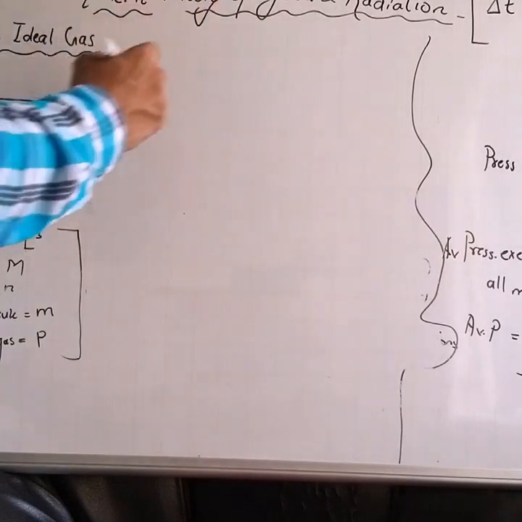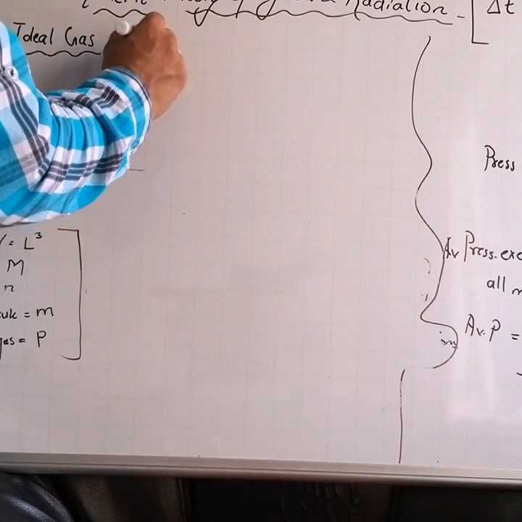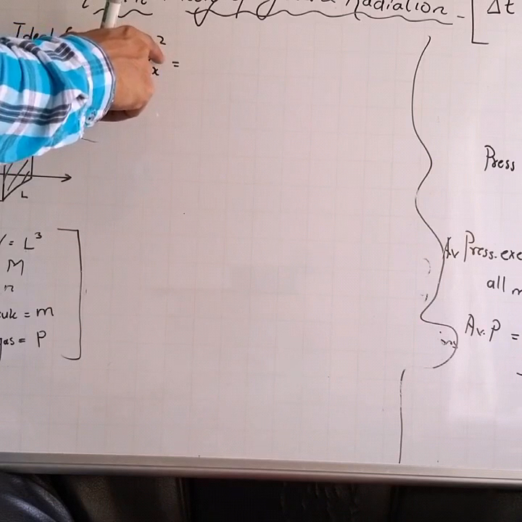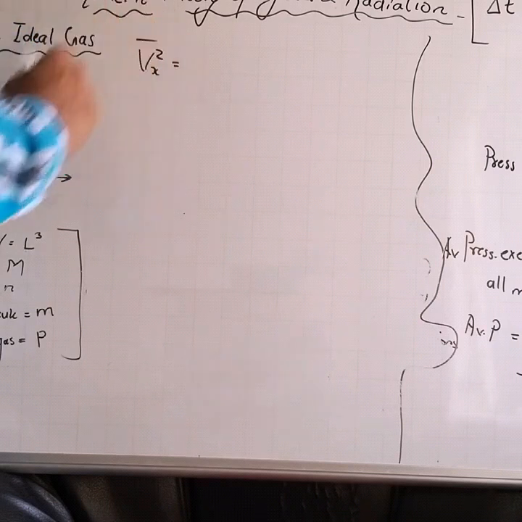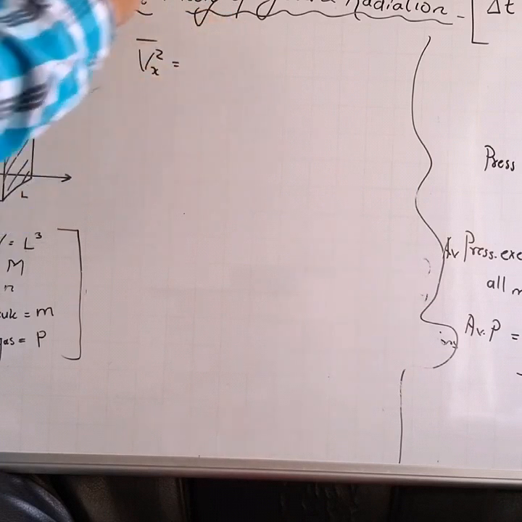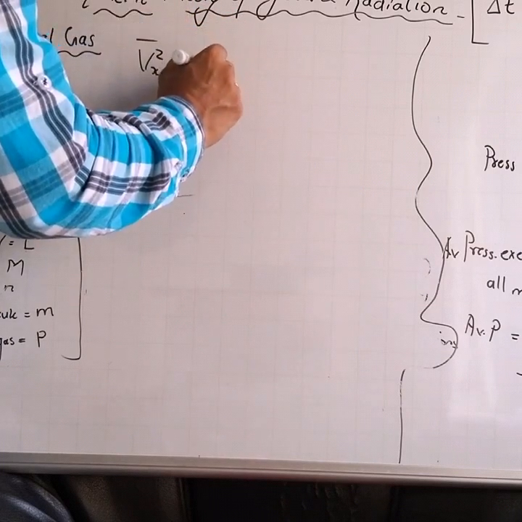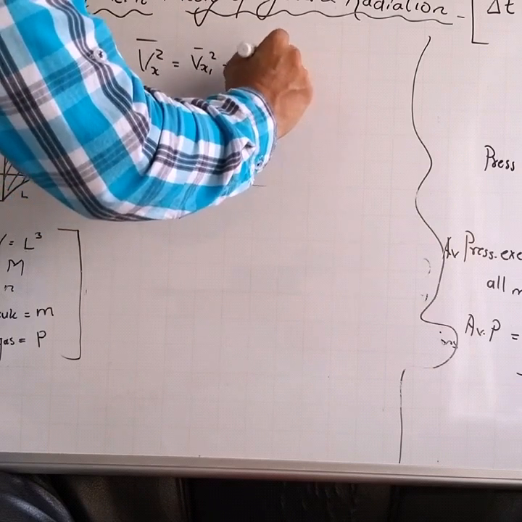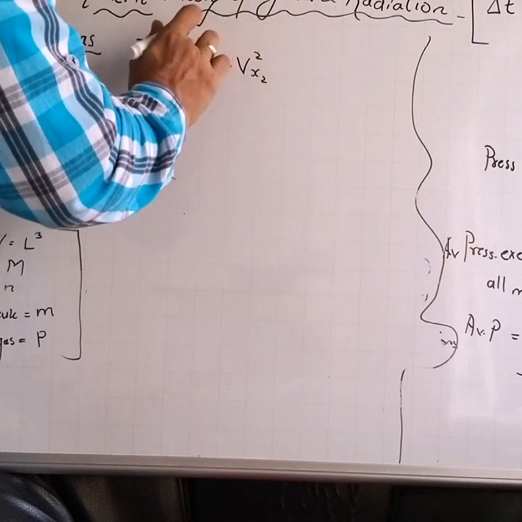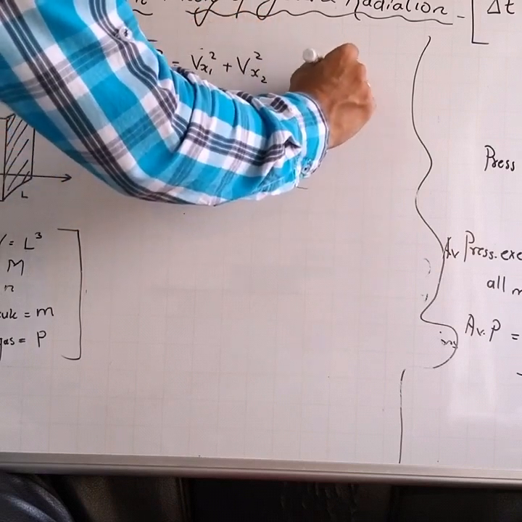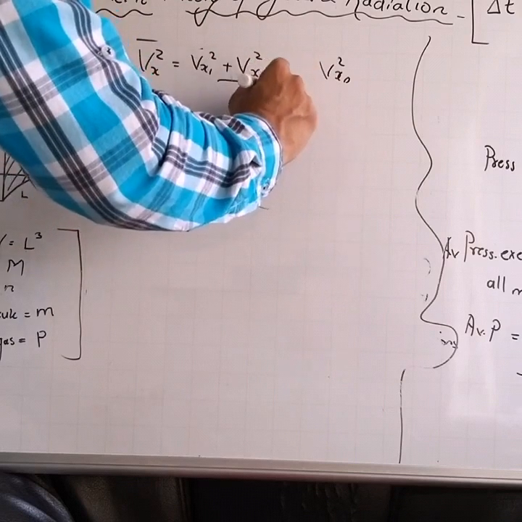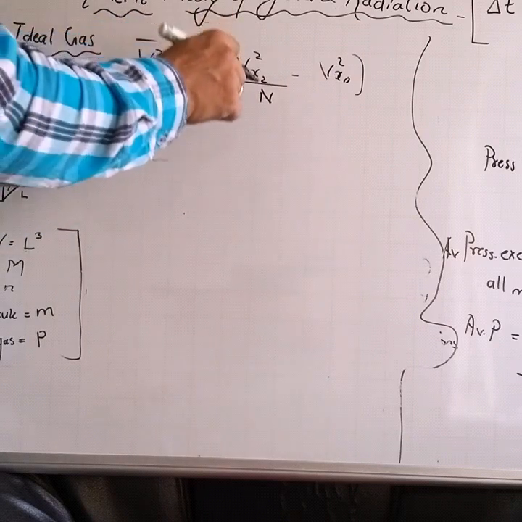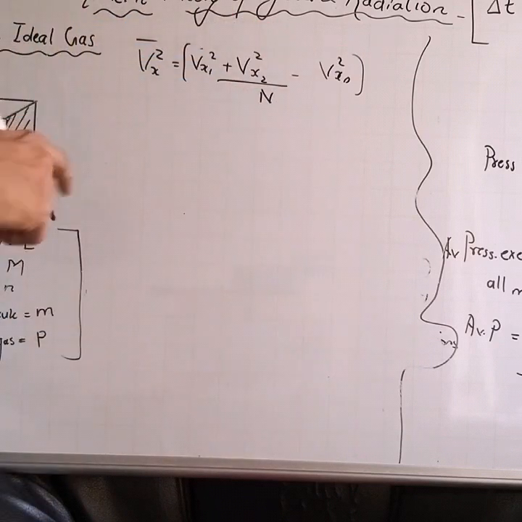Now I am writing one formula. See, if I take the average of all the squares of velocities along the x-axis, I can write this like this: Vx1 square plus Vx2 square up to Vxn square upon n. I repeat, I am taking the average of squares of velocities along the x-axis.